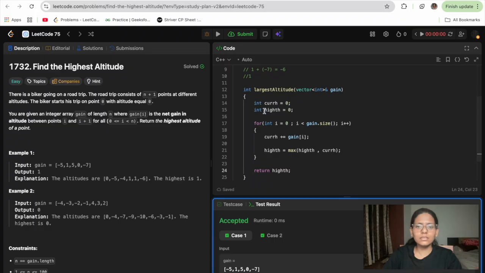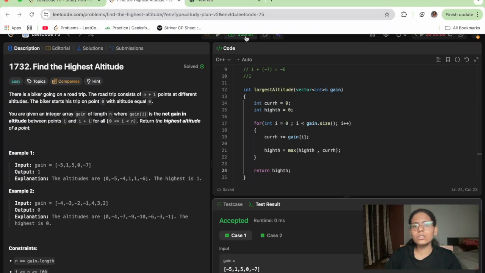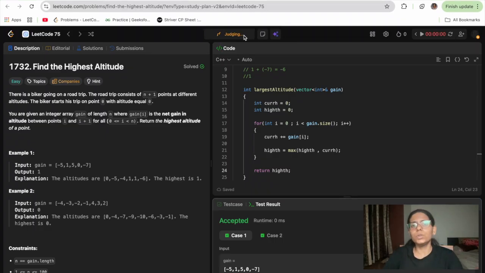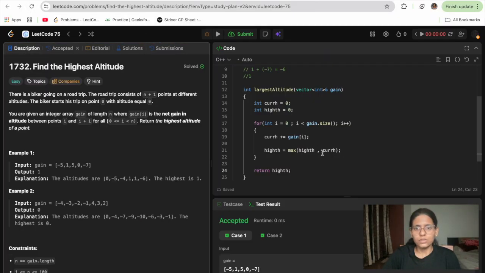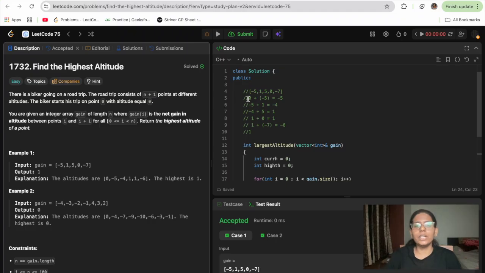Basically this question is simple, but the intuition of this question is to teach you prefix sum. Whatever we did here, continuously adding the numbers, is the prefix sum only. So through this easy question we can understand the prefix sum concept.